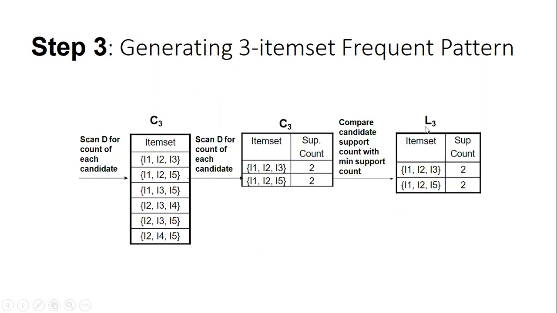Before going to the frequent item set, out of 6 candidates only 2 have been considered. Even though the others may have the minimum support, they are not considered because they violate the a priori principle.